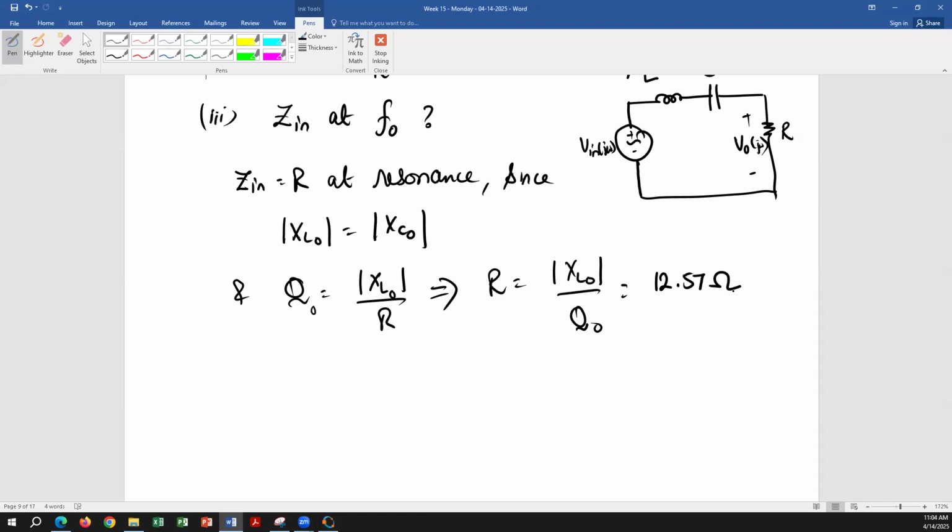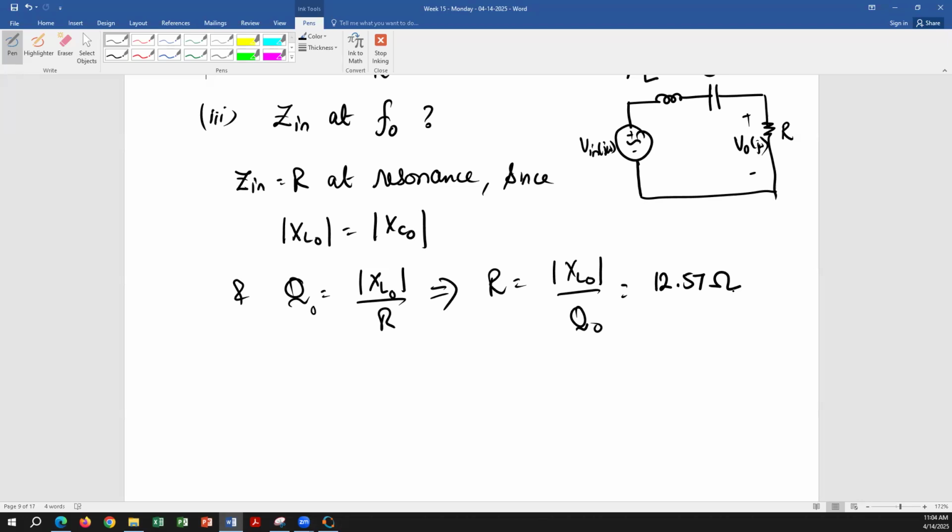Well, XL naught is 2 pi F naught L. So you have to use the reactance formula, right? Q is a ratio, remember.